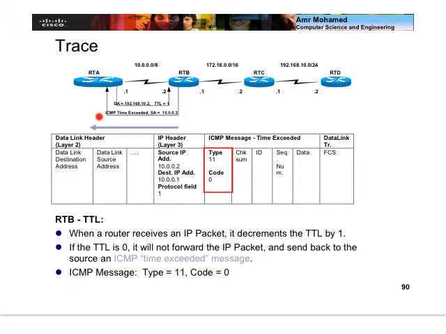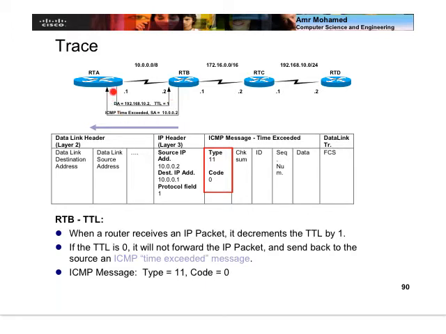I will interpret this error accordingly. Of course, when it sends you a reply back, it gives you the IP address of that particular interface of the router, so the reply will come from 10.0.0.2.